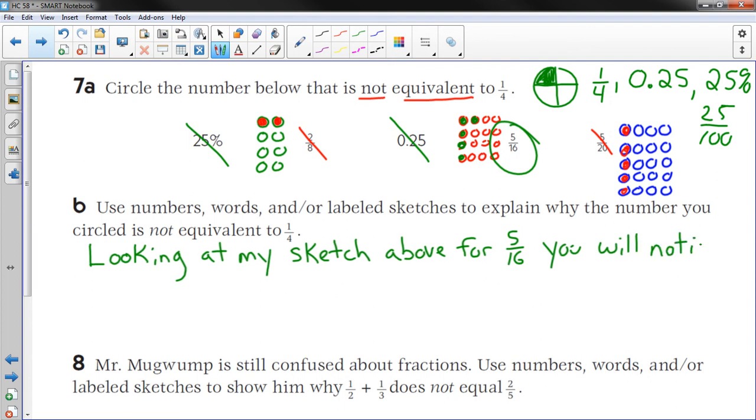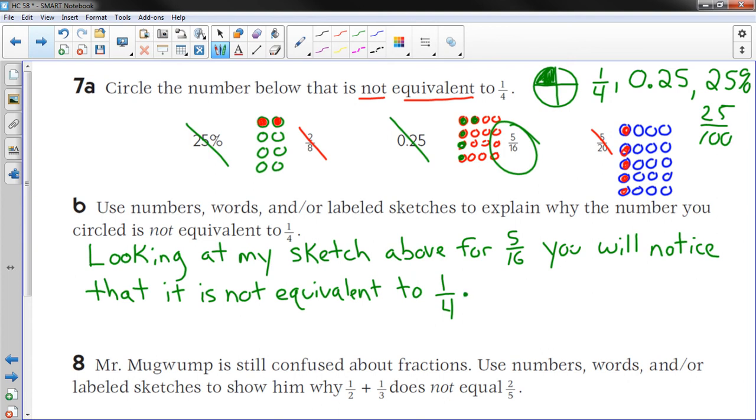notice that it is not equivalent to 1/4.